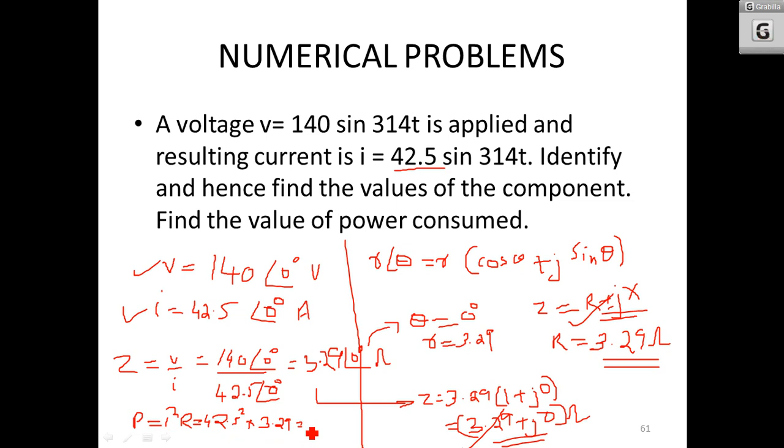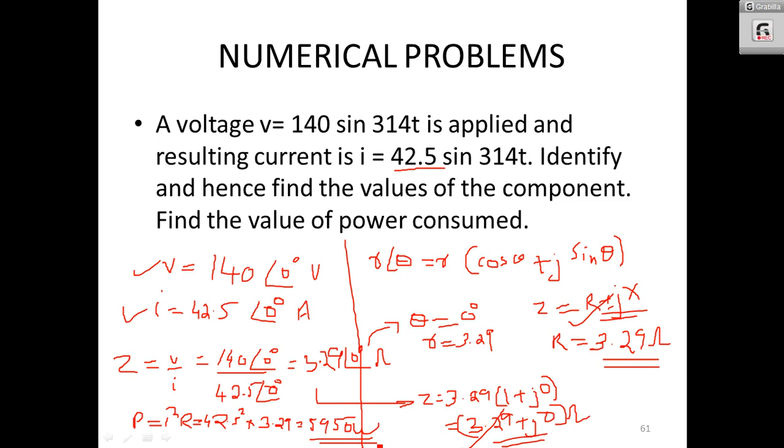That is 5950 watts. The answer is 5950 watts. Hope you have understood the problem.